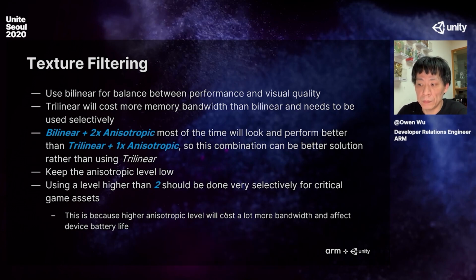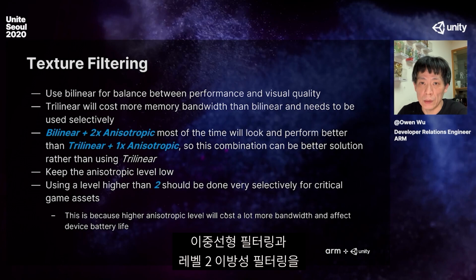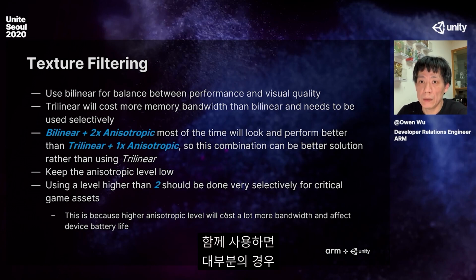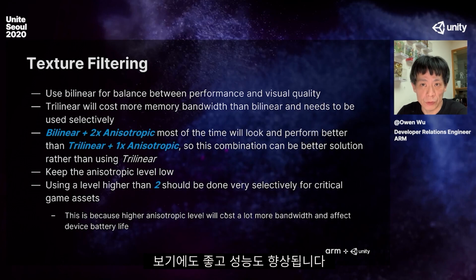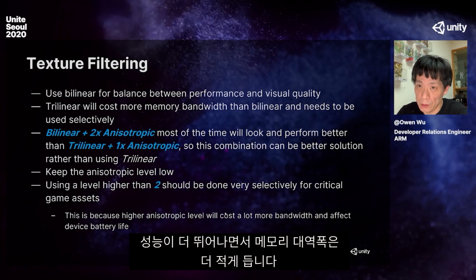And bilinear filtering plus level 2 anisotropic filtering most of the time looks better and performs better than just using trilinear filtering, because this combination has less sampling than trilinear filtering, so it performs better and also requires less memory bandwidth.